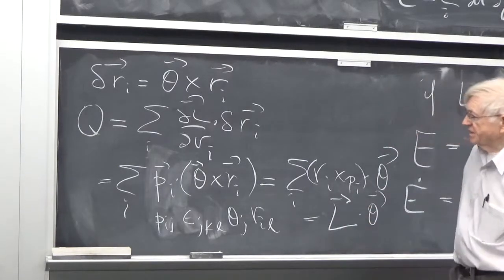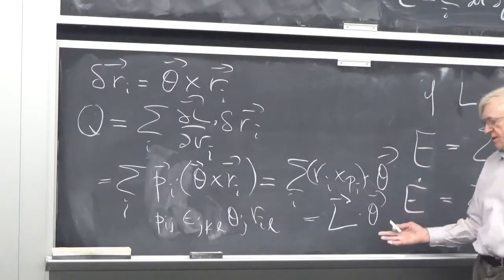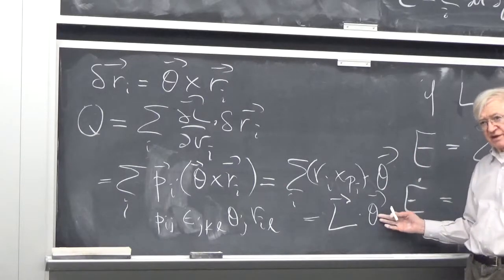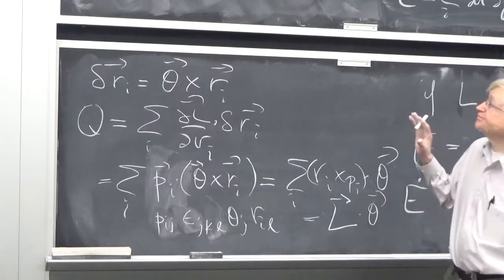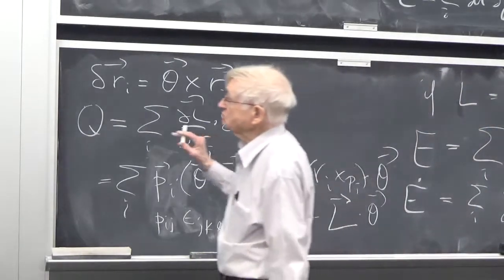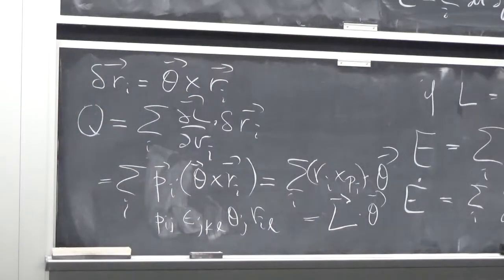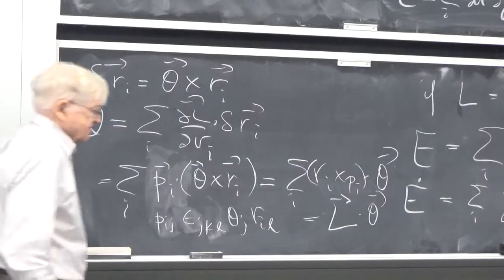And so the quantity that's conserved is the angular momentum in the direction of theta. What was the original statement? The original statement was that the Lagrangian is invariant under some change. If the Lagrangian is invariant when you rotate the system about an angle theta, then the angular momentum in the theta direction is conserved.